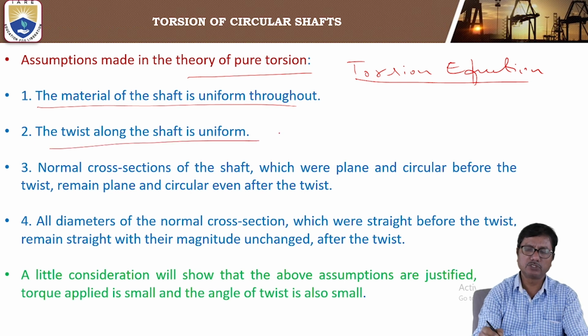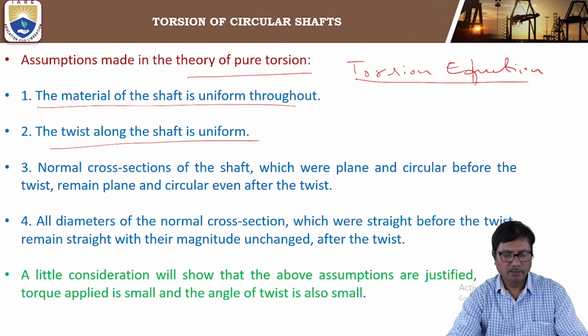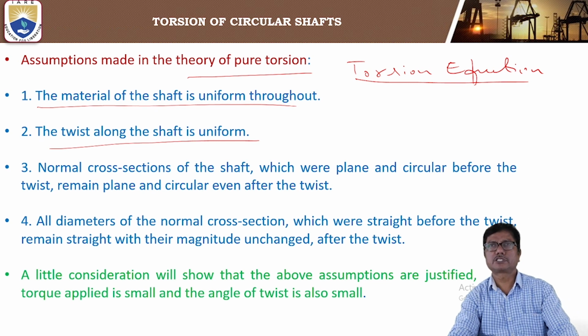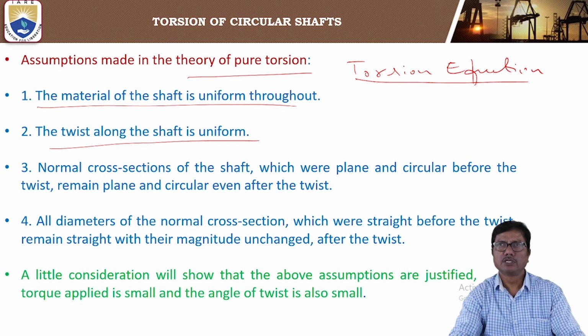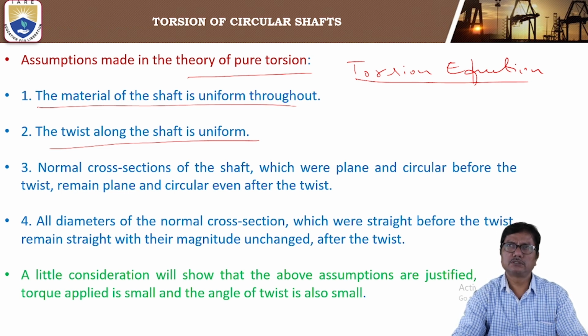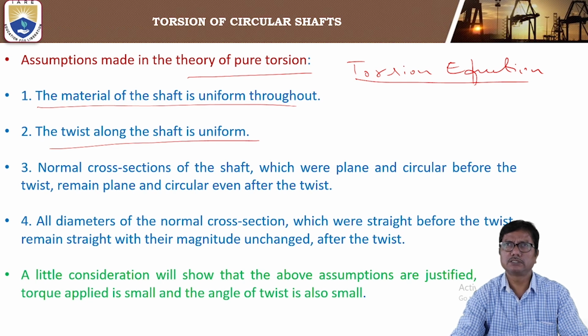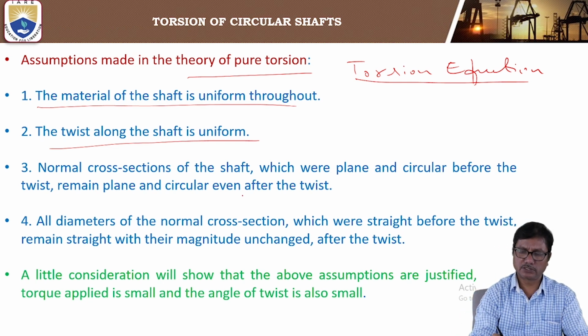The normal cross sections of the shaft, which were plane and circular before twist is applied, remain plane and circular after twist also.